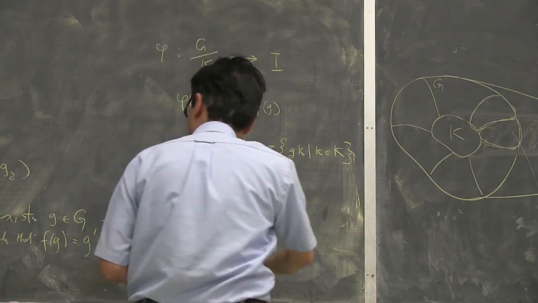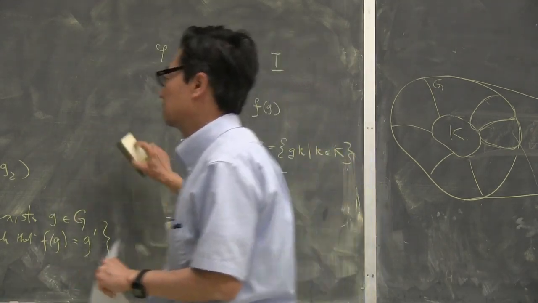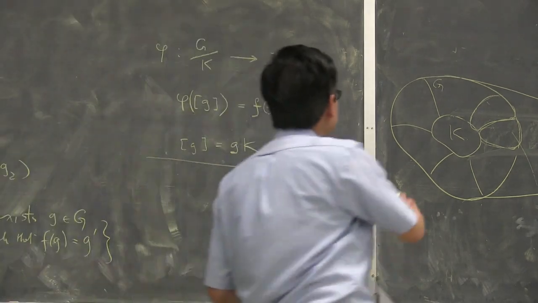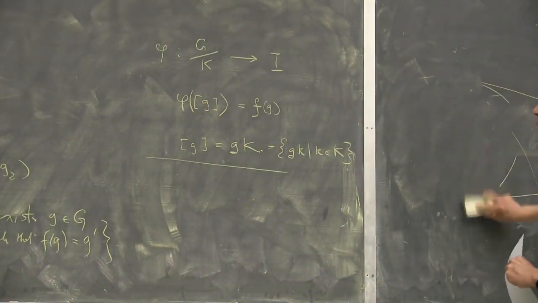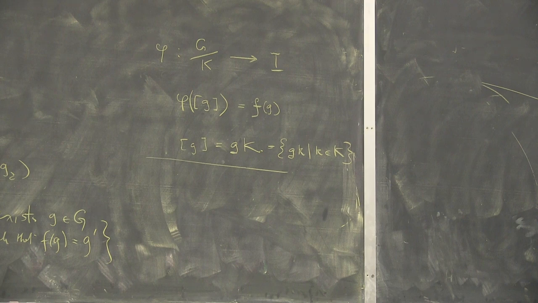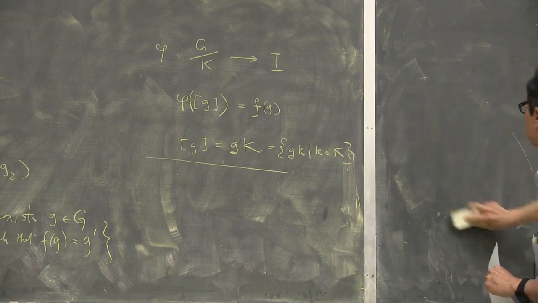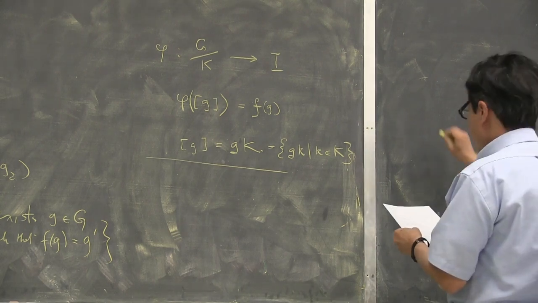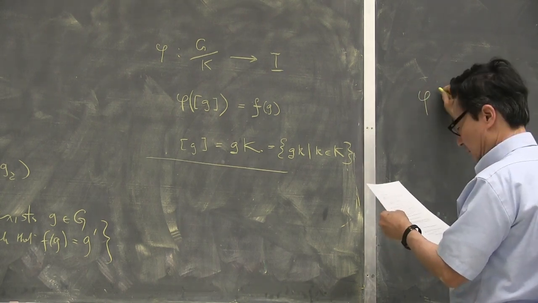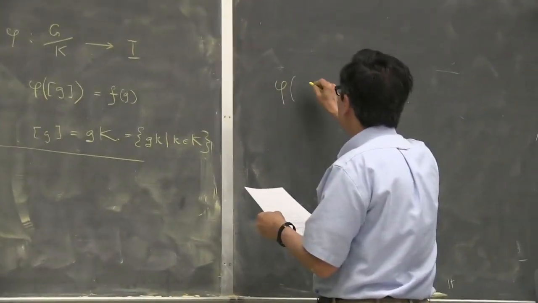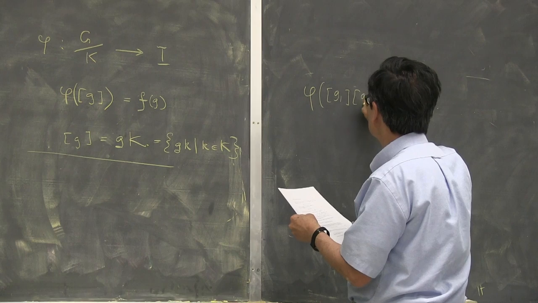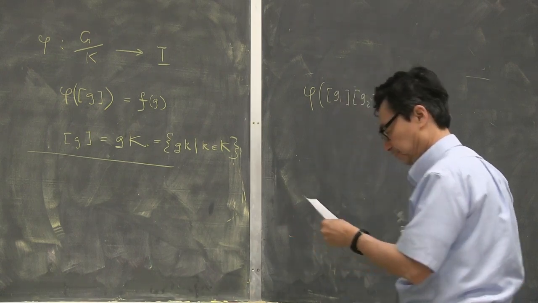No, I want to leave the theorem here. So let me take phi and use it to map the product of these two group elements in the quotient group.